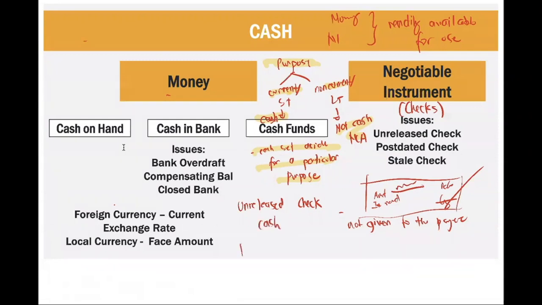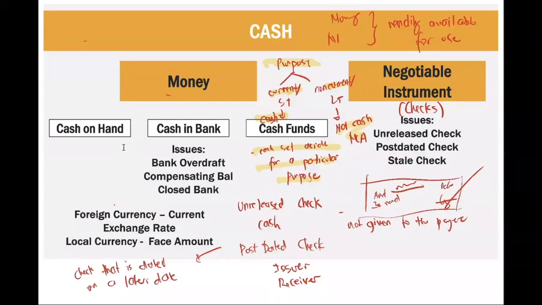Another type of check is a post-dated check. For a post-dated check, you need to know if you are the issuer or the receiver, meaning whether you issue a post-dated check or you receive one. So what is a post-dated check? This is a check that is dated on a later date. For example, today is February 18.